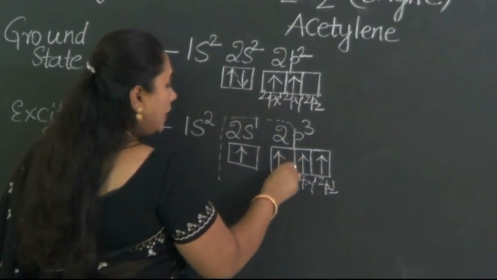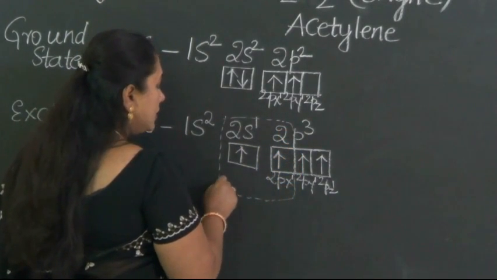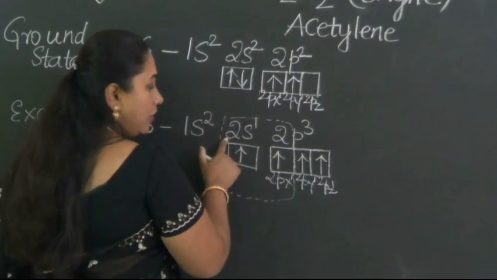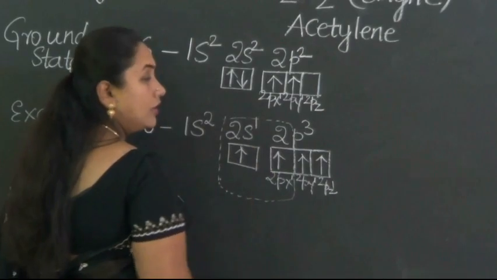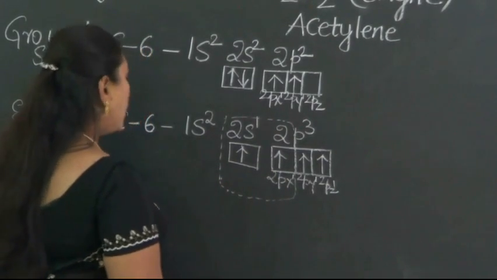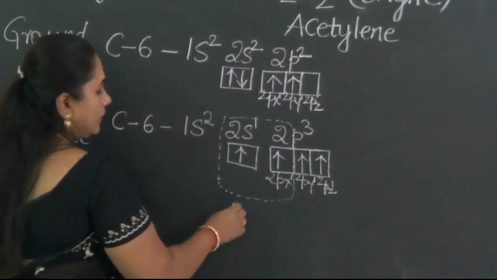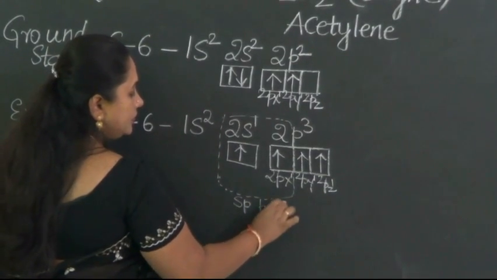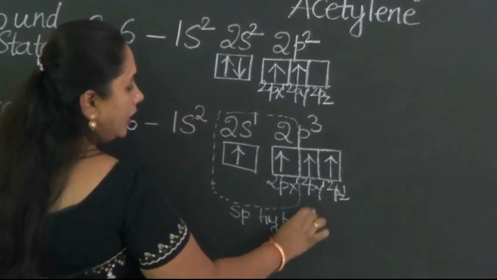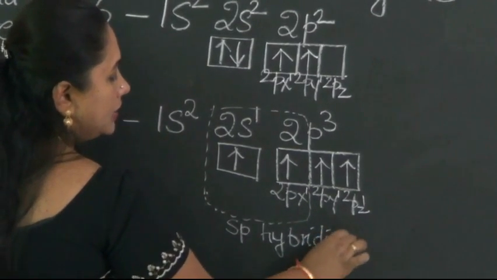That means who will participate in the process of hybridization here? The 2s orbital, that means one of the s orbitals, and the 2px orbital, that means one of the p orbitals, which are half filled and which are the valence orbitals, will undergo the process of hybridization. So this is how they undergo sp hybridization.